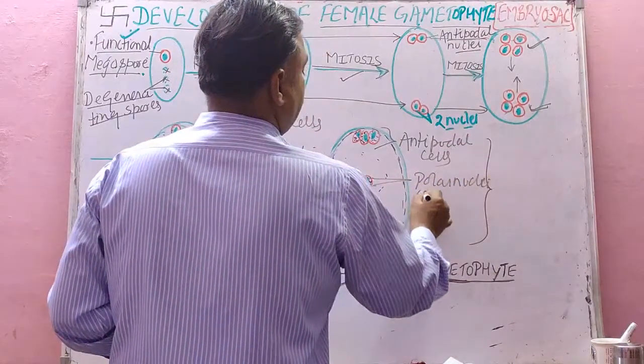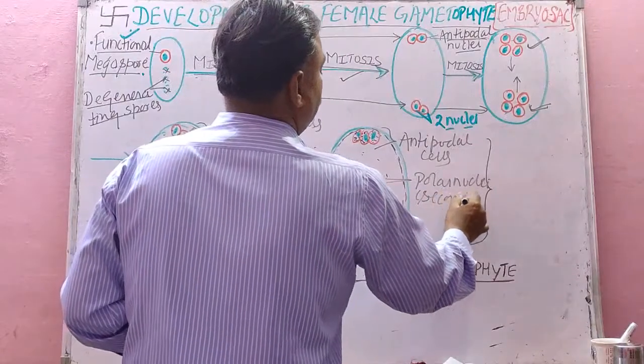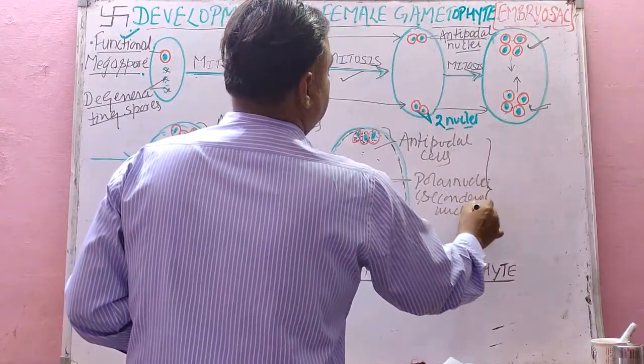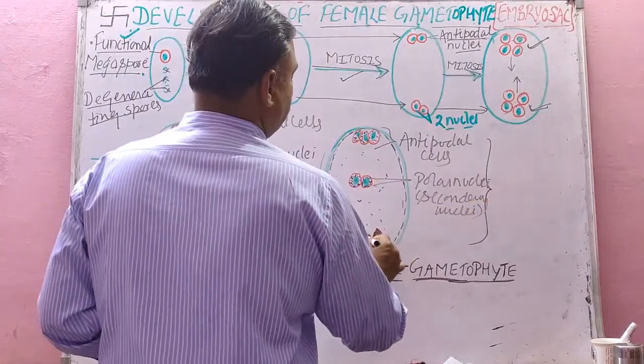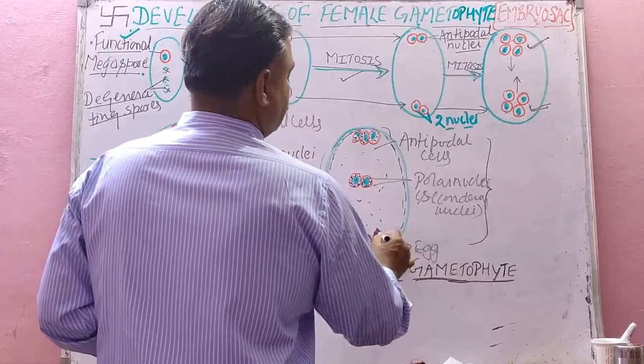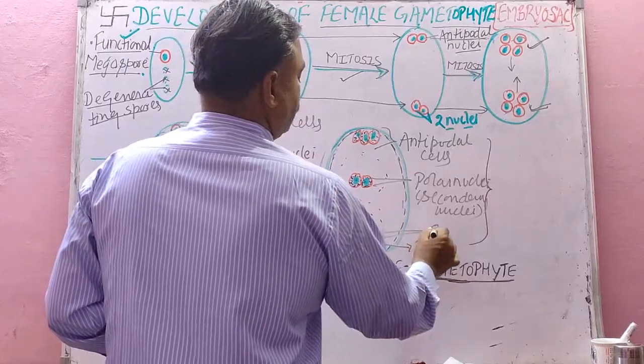Another name is secondary nucleus, and the egg in the center surrounded by synergids.